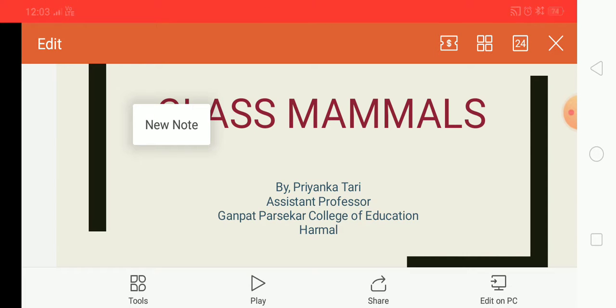Then the other mammals, which are the majority of the mammals, are the placental mammals. So based on reproduction, they are classified into three major types: monotremes, then marsupials, and third, the placental mammals. These mammals develop in the mother's uterus and receive nutrients across the placenta.